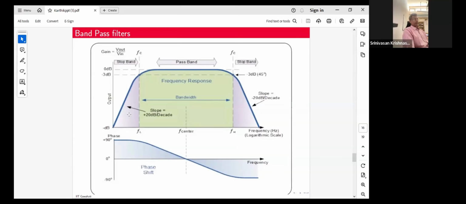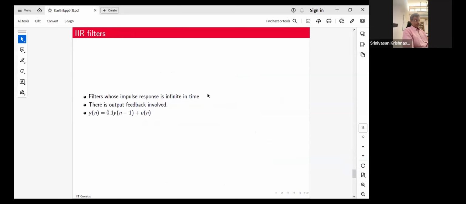That can easily be implemented using an equation where you have the current output in terms of the past outputs as well as the past inputs, something like this. Here you have y of n is equal to 0.1 y of n minus 1 plus u of n.